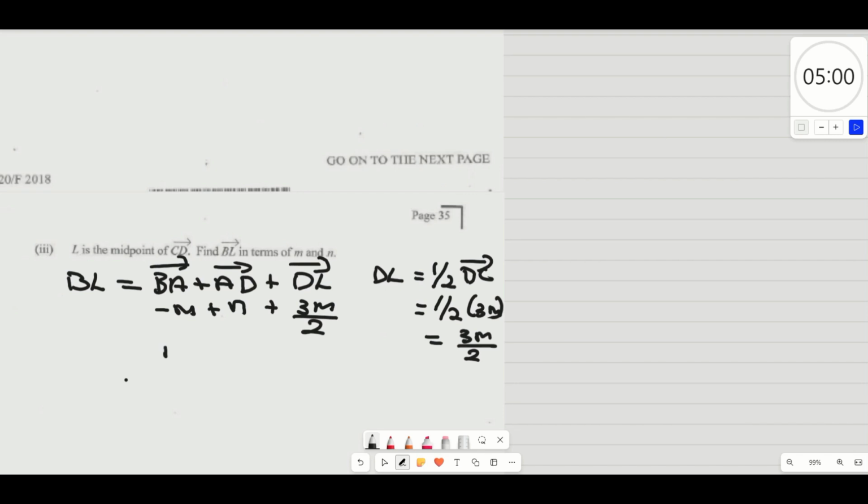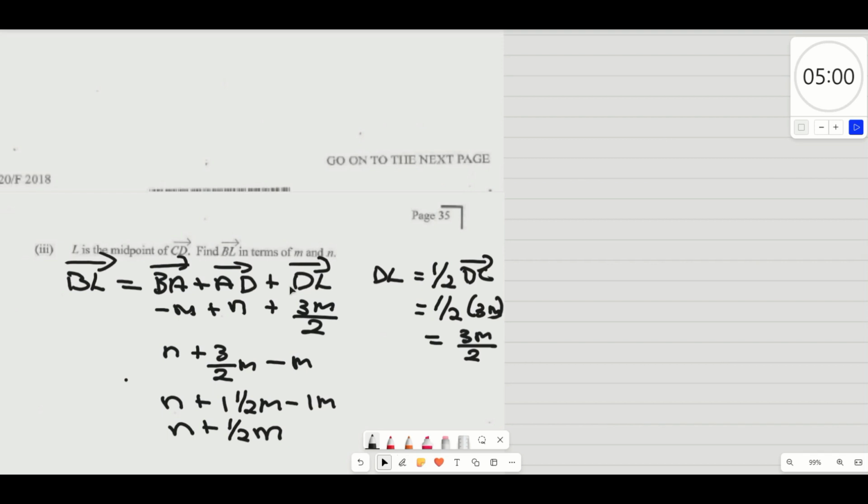So it would be N plus 3 over 2 M minus M. So that's N plus 3 over 2 minus 1, which is 1.5M minus 1M, equal to N plus a half M. So BL would be N plus a half M.